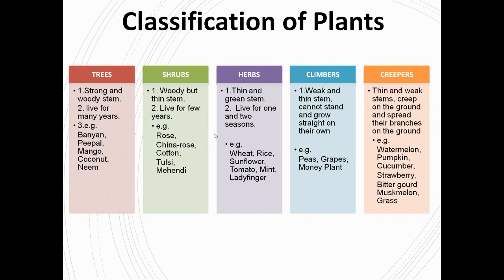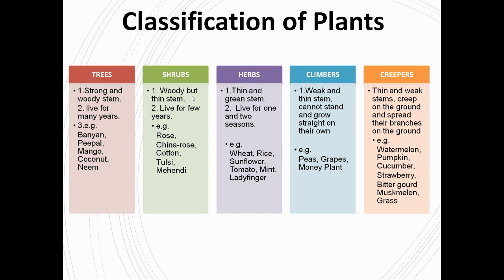Next category is herbs. They have a thin and green stem. They live for one or two seasons. Examples are wheat, rice, sunflower, tomato, mint, ladyfinger. There's a difference between shrubs and herbs. Shrubs have a woody stem but not thick as in trees.